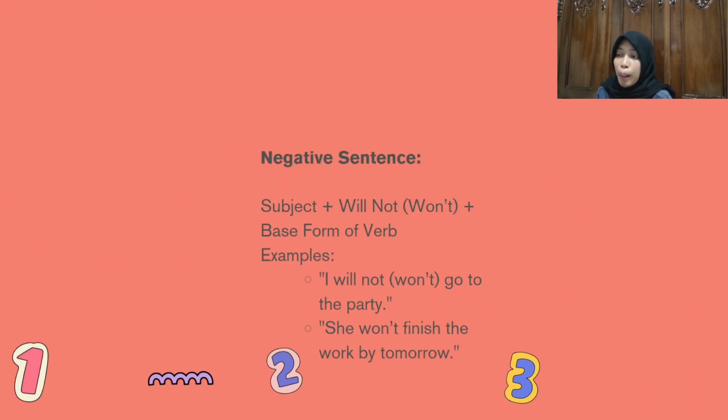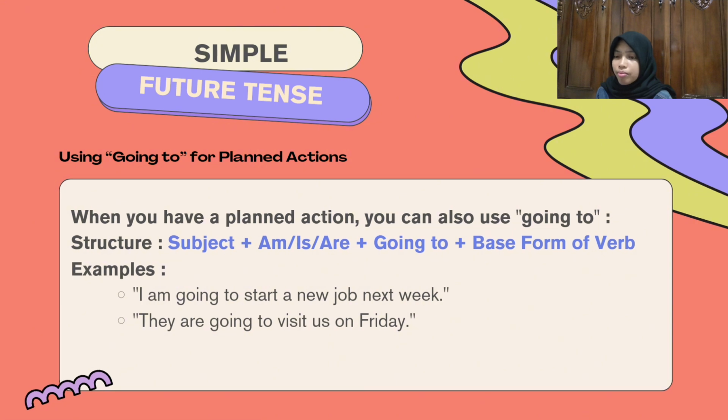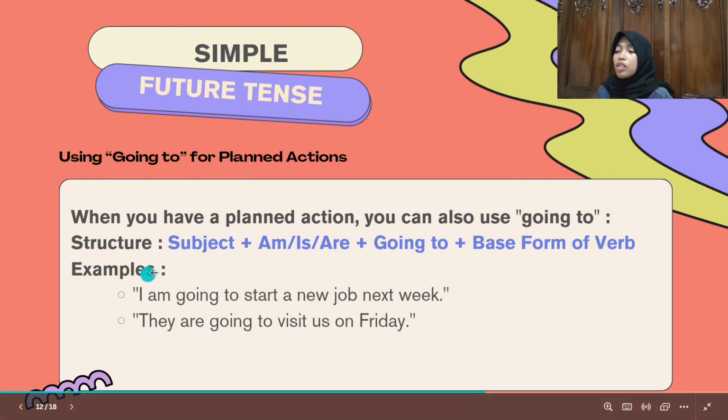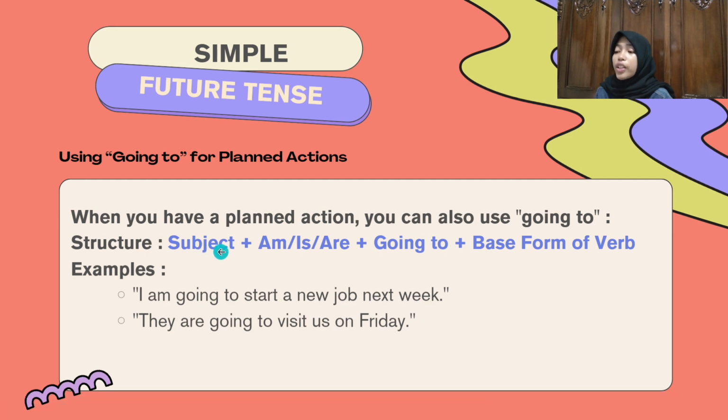Okay guys, next. In simple future tense, we use going to for declaring planned actions with structure subject plus am, is, are plus going to plus base form of verb. With examples, I am going to start a new job next week.